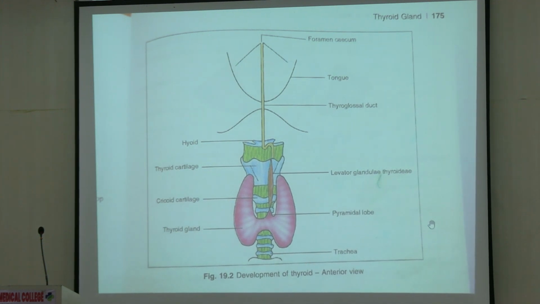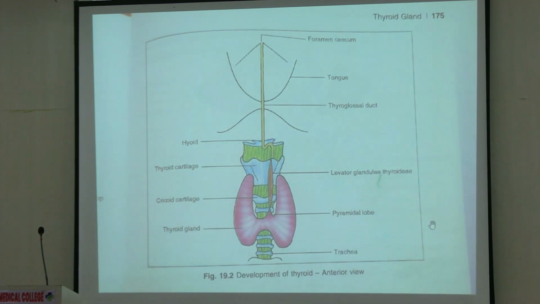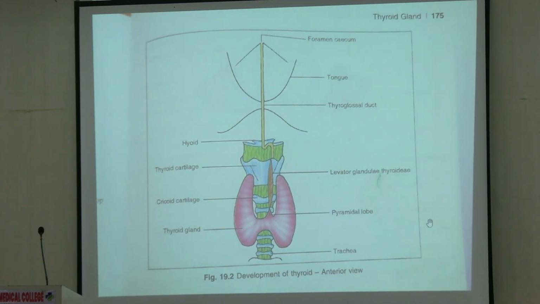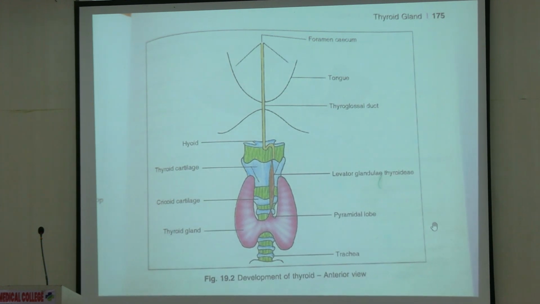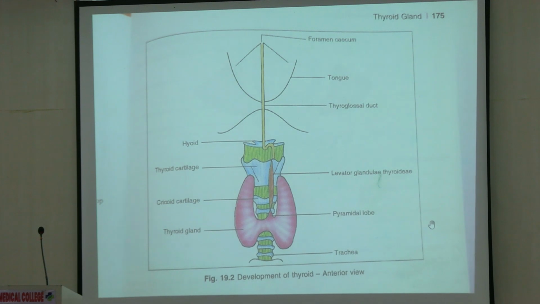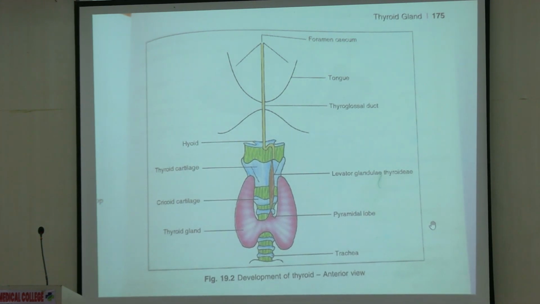At the time of operation, thyroidectomy, the surgeon must take care of this ligament, because through this ligament and through the branches of the inferior thyroid artery, the recurrent laryngeal nerve is passing.